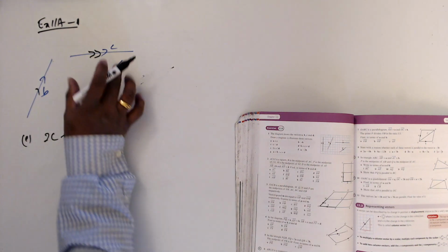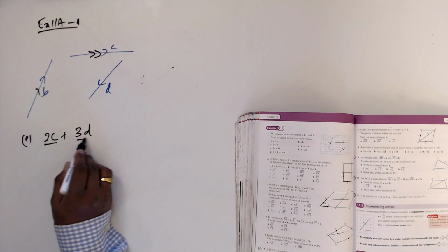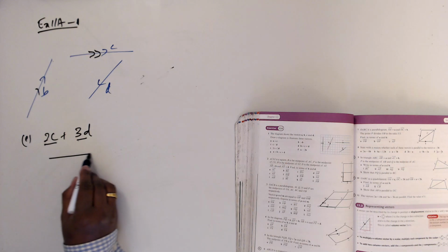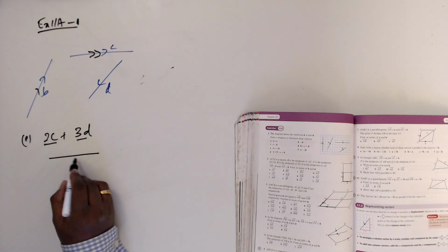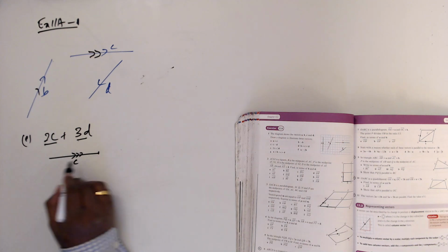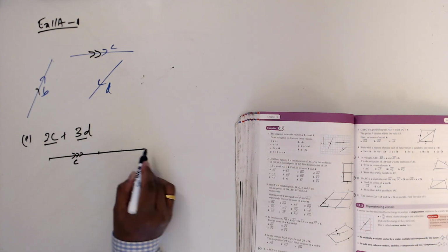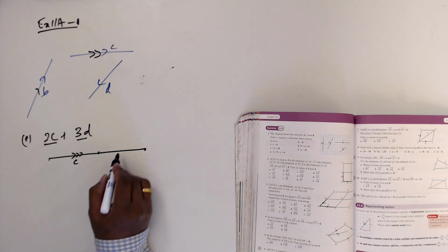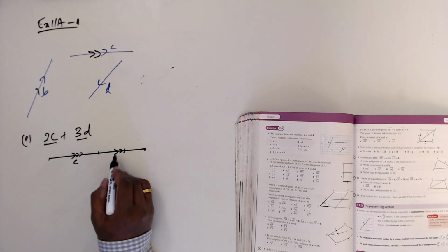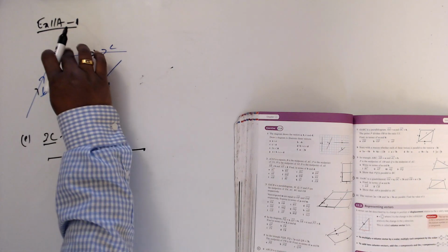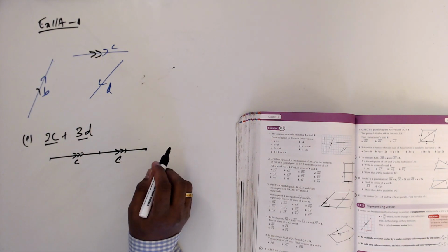Now I want to make 2C plus D. So first of all, 1C. Right, an equal one, and another equal one. The distance, I'll make it smaller to match with this one.